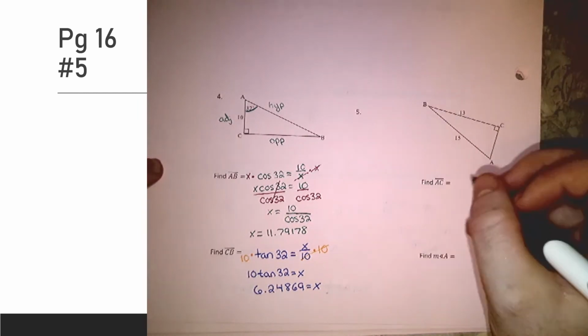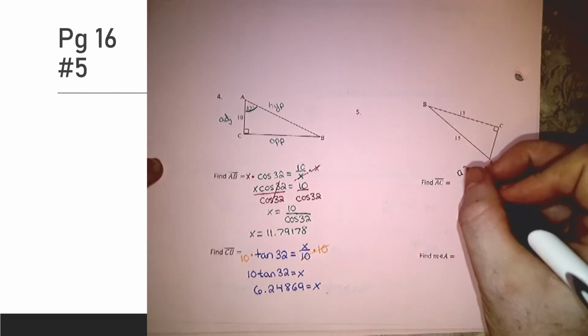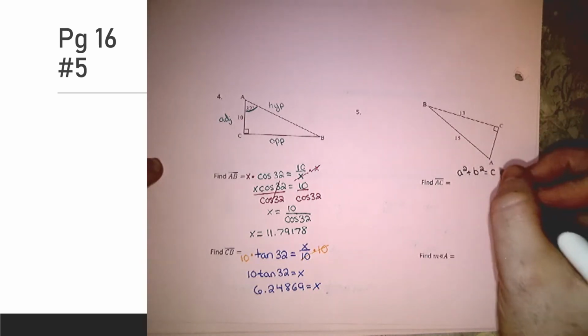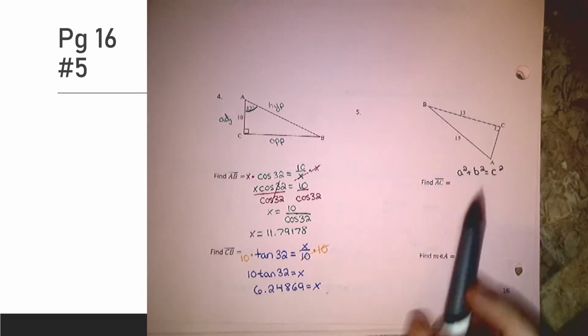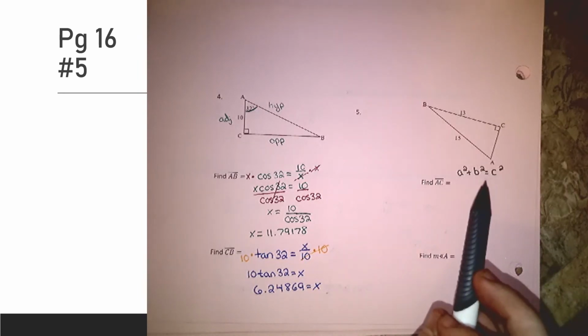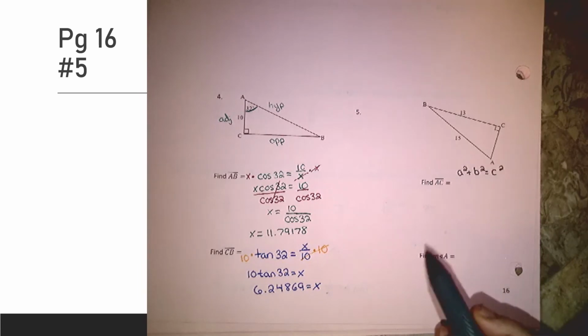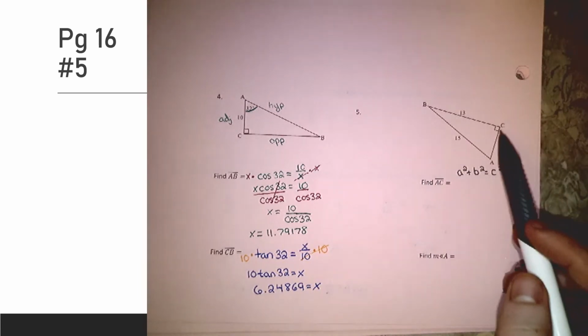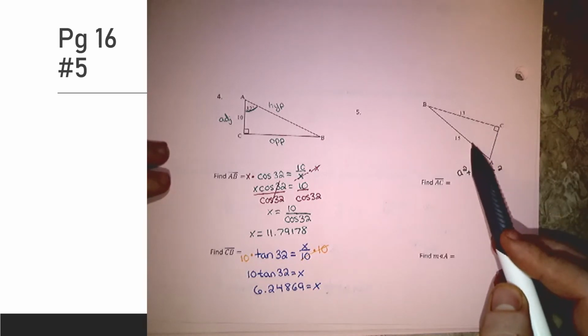If you don't remember Pythagorean theorem, that's the a squared plus b squared equals c squared. Now, a and b can be interchangeable, but c does matter. C has to be your longest side. And the longest side is always going to be across from the right angle.